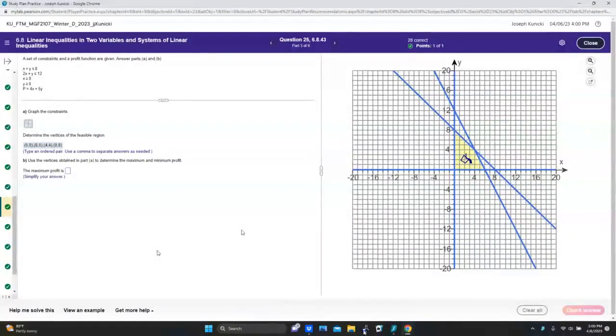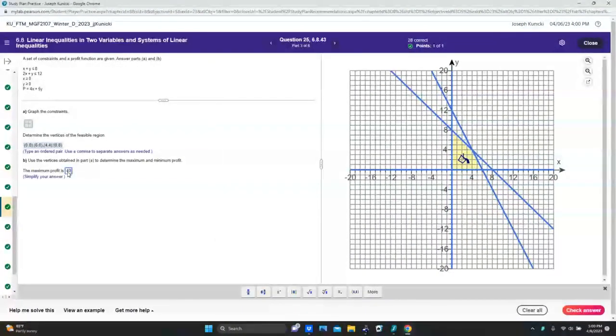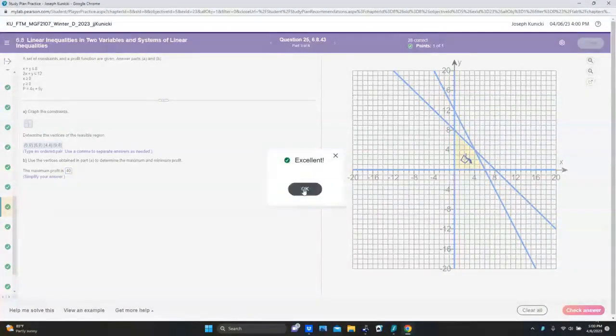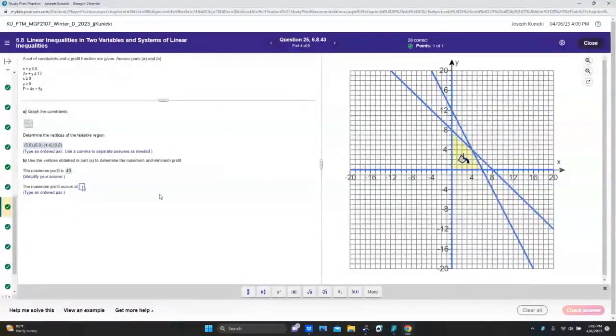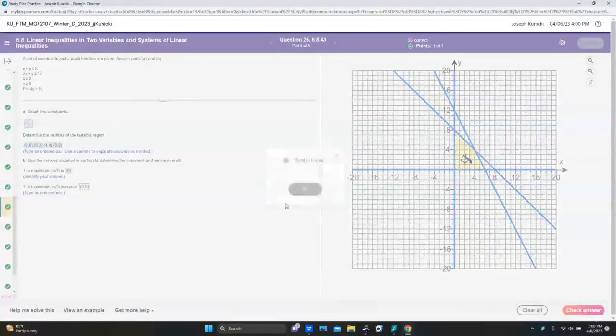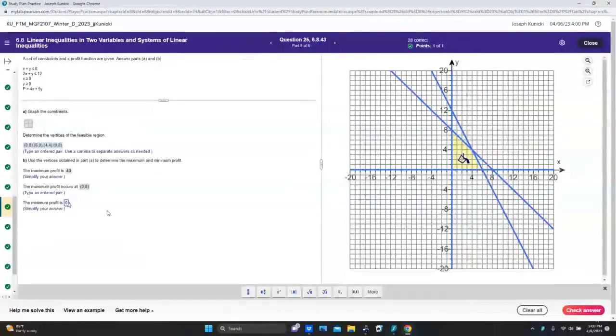Now the maximum, which we already did, is 40. I was a little bit ahead of the game there, but that's okay. And that occurs at 0, 8. The minimum, which they'll ask us for, is 0, which occurs at the origin.